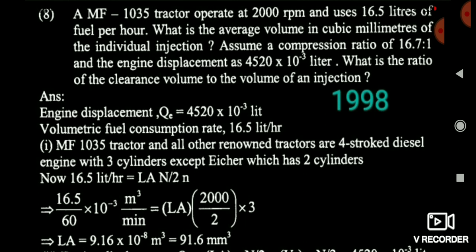The amount of fuel consumed is L into A, where L is the length and A is the area, multiplied by capital N, the revolutions of the crankshaft, divided by 2 because it is a 4-stroke engine. So you divide by 2 and multiply by 3, because it is a 3-cylinder engine. So you calculate the LA value, the volume of fuel consumed per injection.